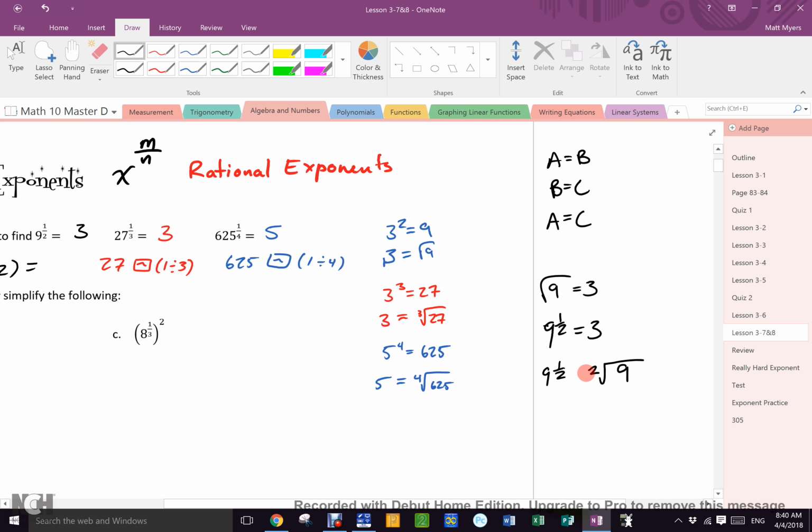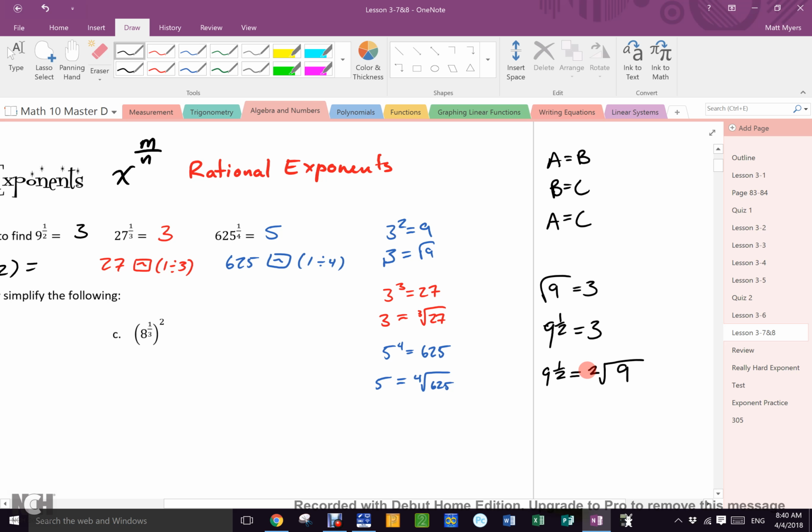What do we know about those two? 9 to the 1/2 equals 3. A equals B. They both equal the same thing. So what do we know about these two? They equal each other, right?